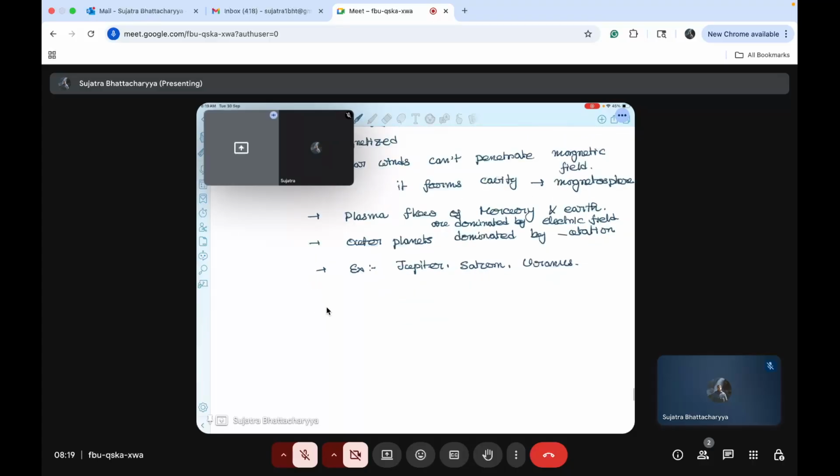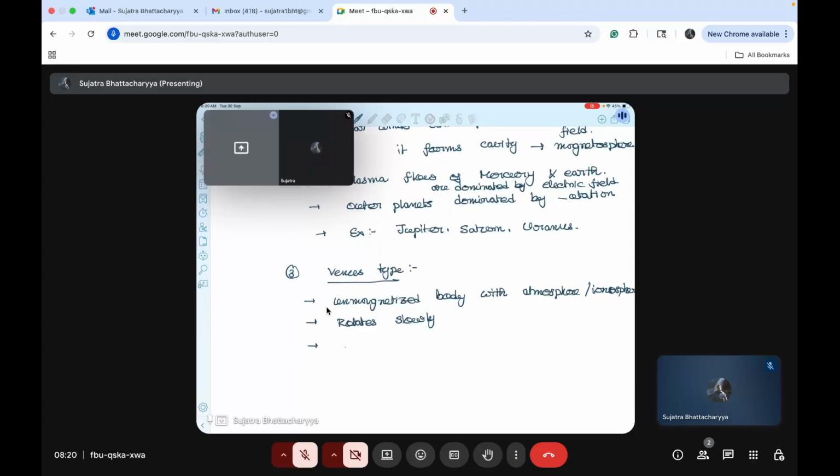Okay. Third type is the Venus type. Okay. So this is also an unmagnetized body, but with an atmosphere or ionosphere. Okay. But it rotates slowly. This is a very important point.